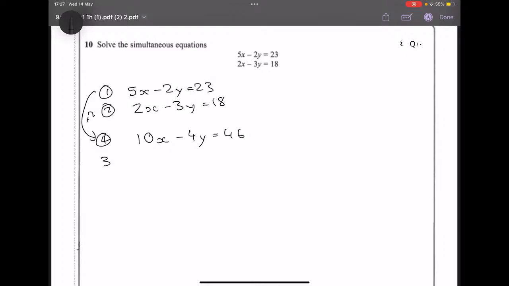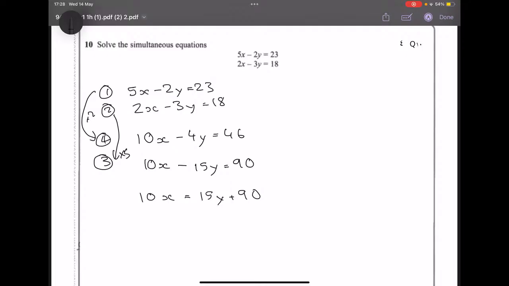Now, equation 2, we will times this by 5. 10x subtract 15y equals 90.